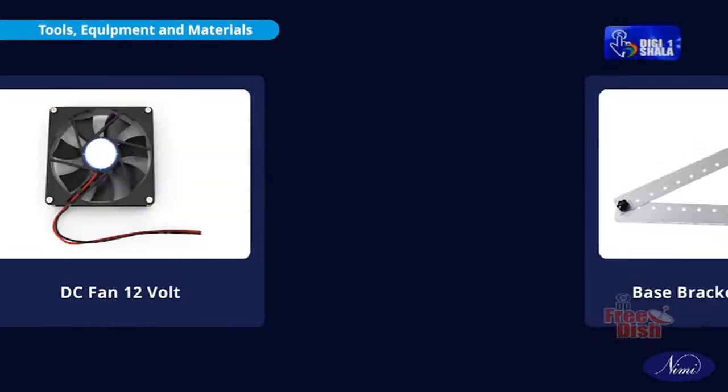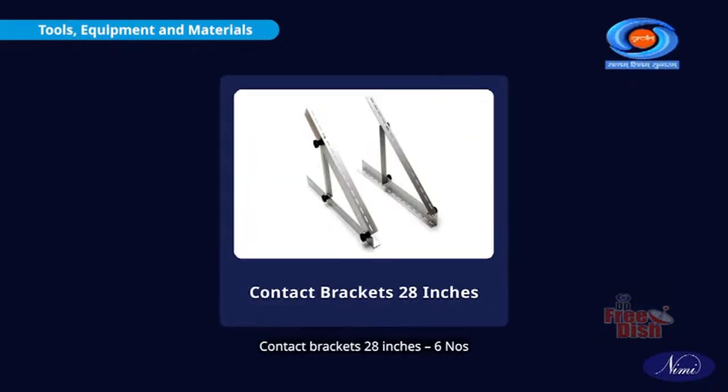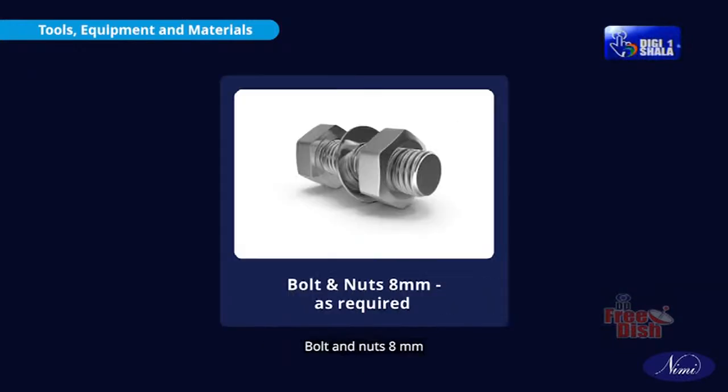DC fan 12 volt, base brackets 28 inches 6 numbers, contact brackets 28 inches 6 numbers, supporting brackets 14.8 inches, bolts and nuts 8 mm.